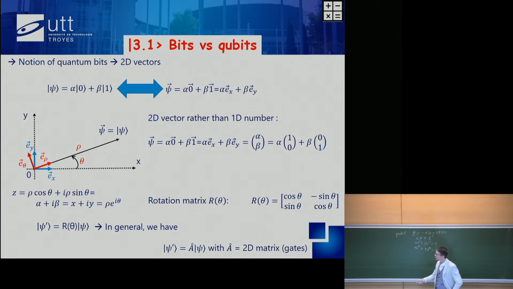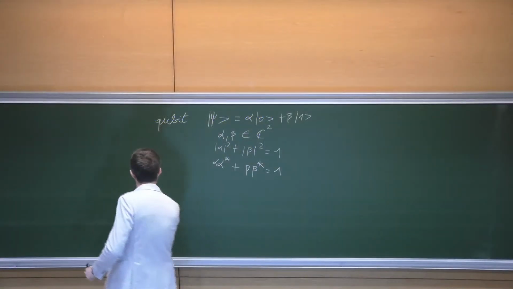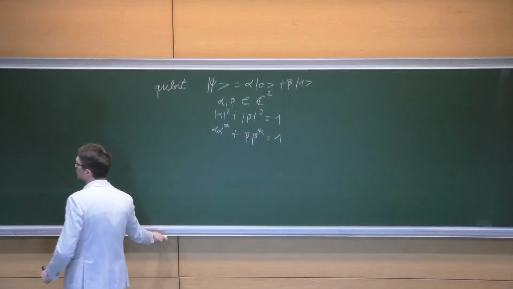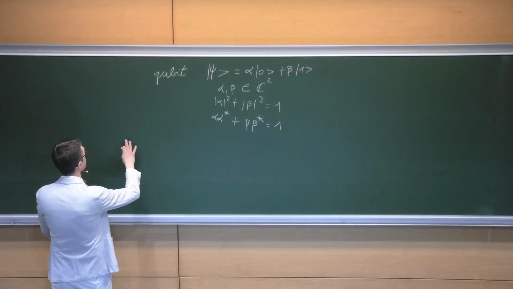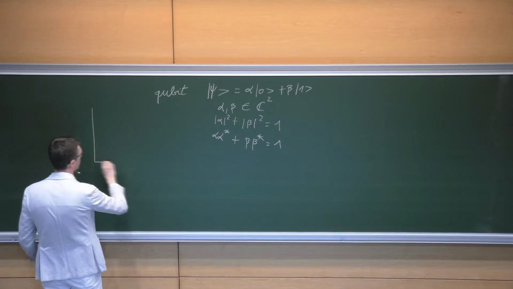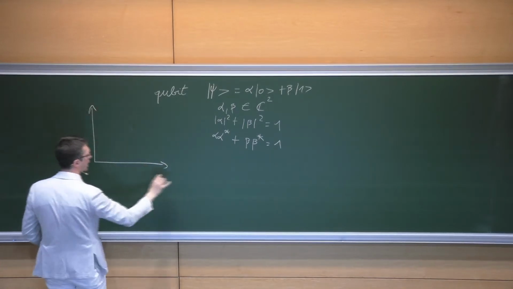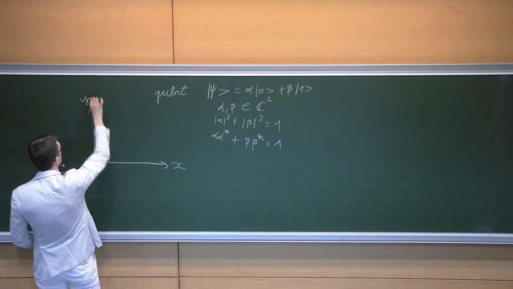We can also manipulate it, and we will see that very soon. So here is the most general vector. It's a 2D vector, psi. Again, these are things that we know from classes from before. We have our xy plane with the origin.